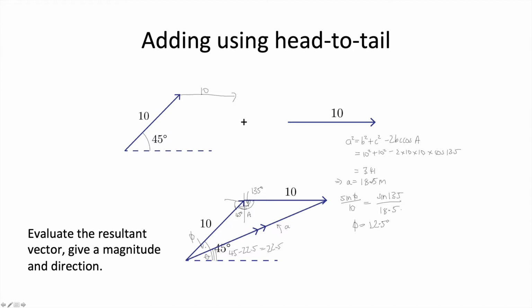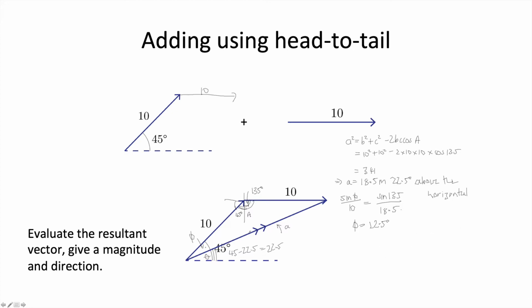So we've got A is equal to 18.5 meters, and this is 22.5 degrees above the horizontal. Sorry, the pencil's not picking up especially well right now.